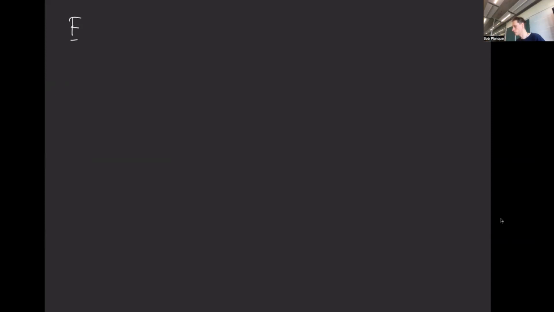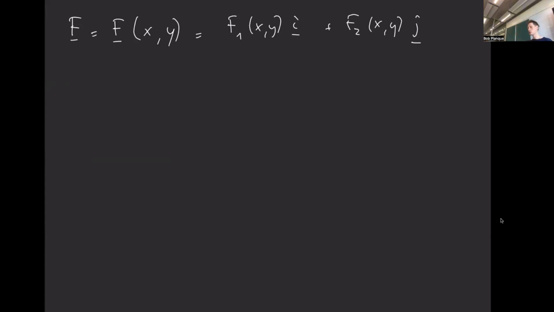So if f is a function of two variables, f1 plus f2, then this curl should say something about rotation. The idea is that it measures rotation around an axis, and this axis in the third dimension is what gives this still a 3D picture.